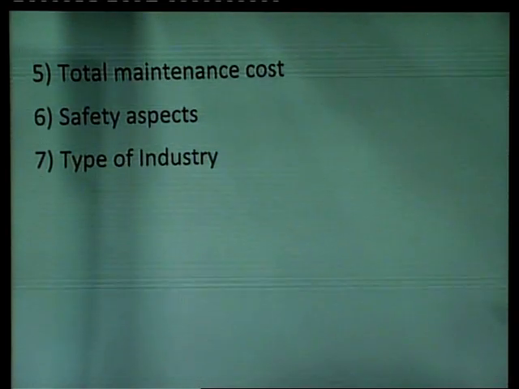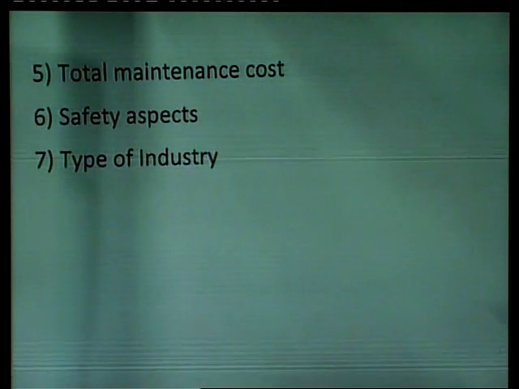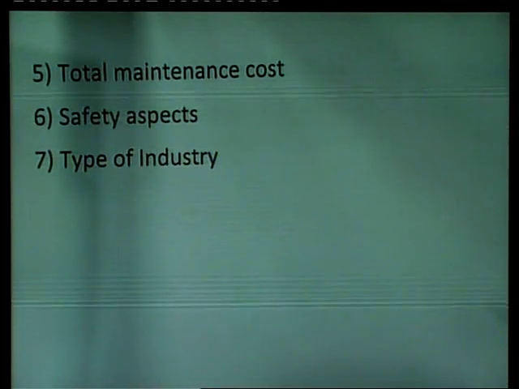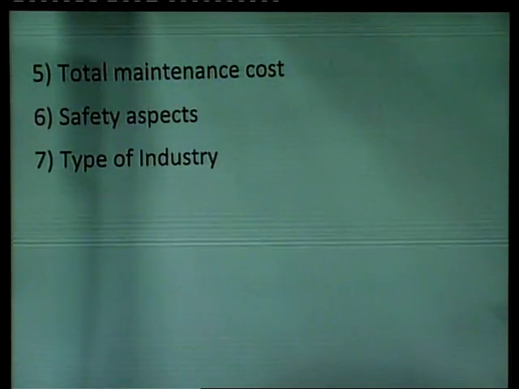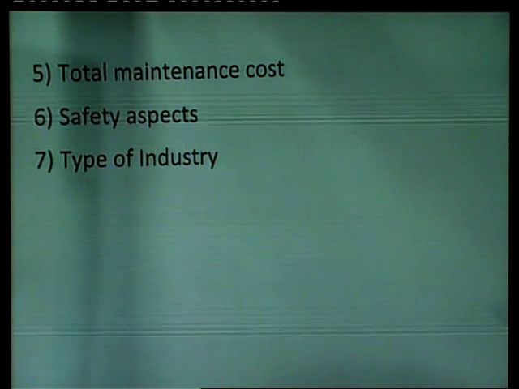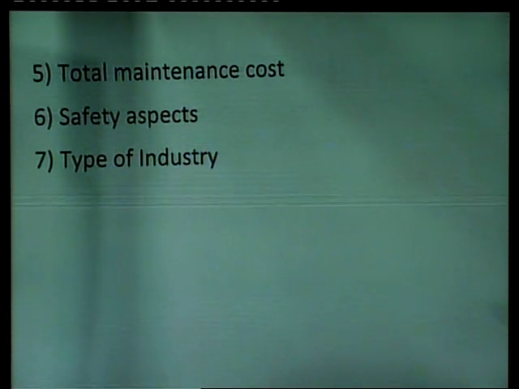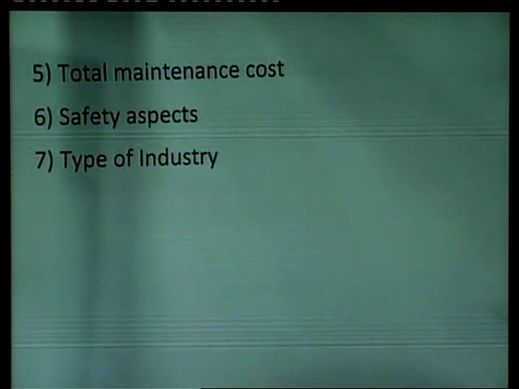Then sixth one is safety aspect. The maintenance is also responsible for safety. Maintenance engineering department ensures safe working conditions in the plant by providing preventive maintenance steps at various levels.